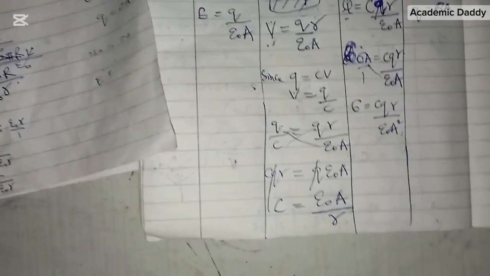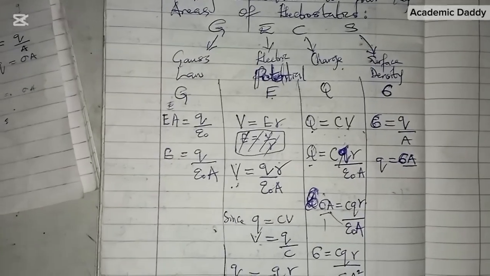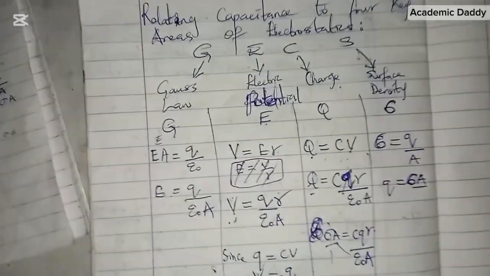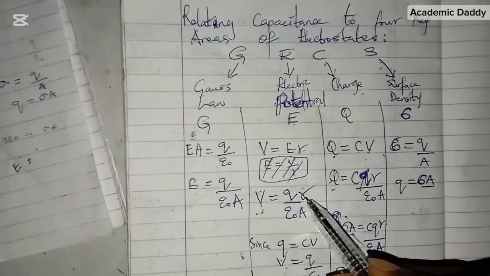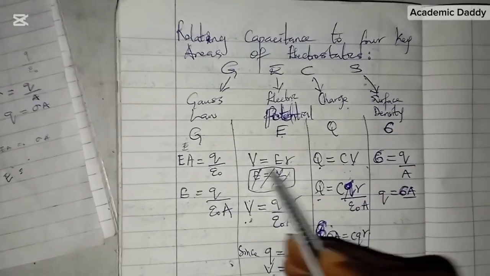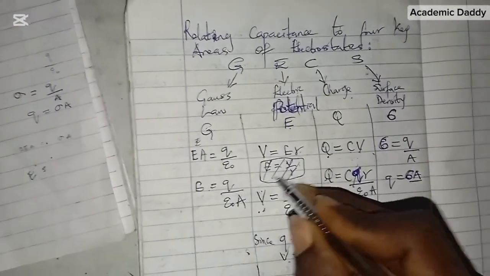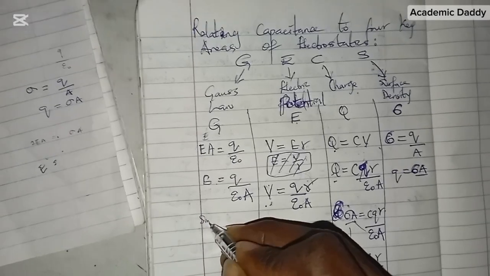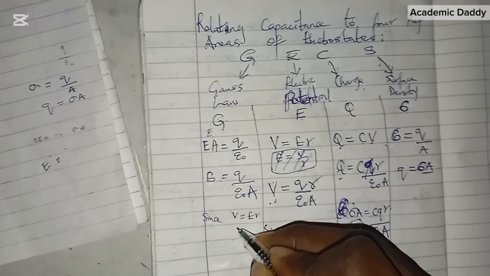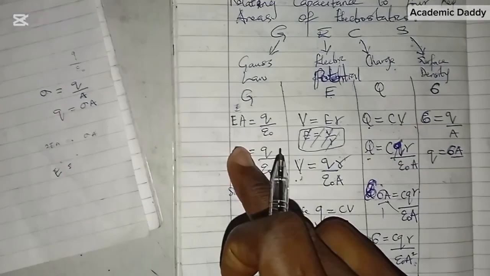So are you seeing it? It's up to you what you want to do. Do you know that this formula is endless? From here, if I make E the subject of the formula, since V equals ER, I can say E equals V over R. So let me replace E that is here with this.